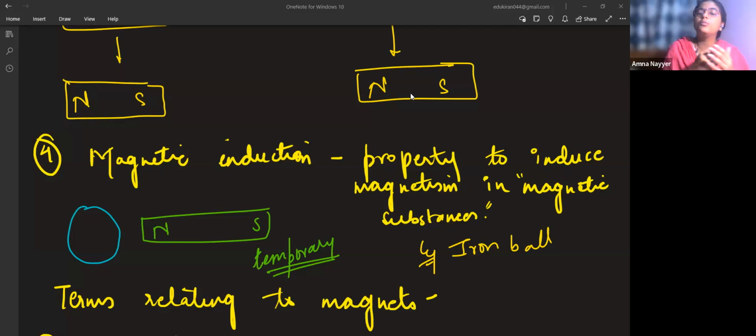That's why I'm constantly using the term bar magnet. But this property is valid for any metallic substance or any substance which can be rubbed with any magnet. You can take a horseshoe magnet, a block magnet also exists. So this tendency to acquire magnetism is also a property of the bar magnet. That's why we are studying it under this heading.